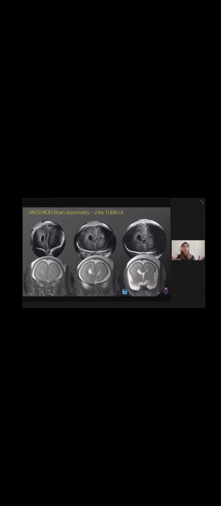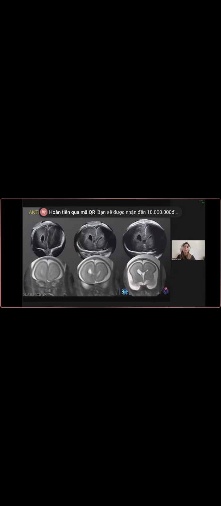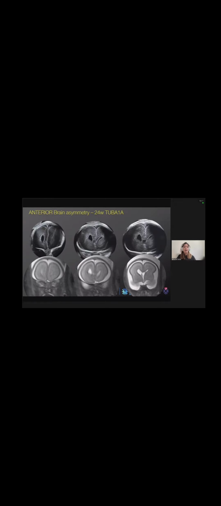So there are many genes. There are the most severe phenotypes, and there are the milder phenotypes. The most severe phenotypes will present very, very smooth, but in tubulinopathies, different from lissencephaly, we can find specific patterns in morphology that will suggest, okay, this is TUBA1A, and you go and you check and you find.